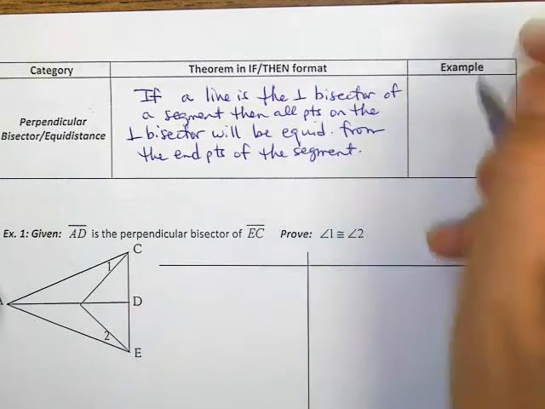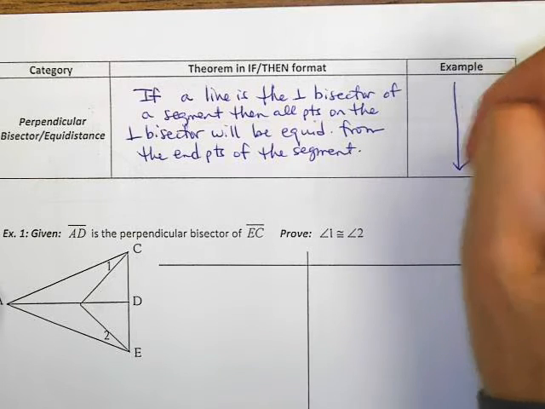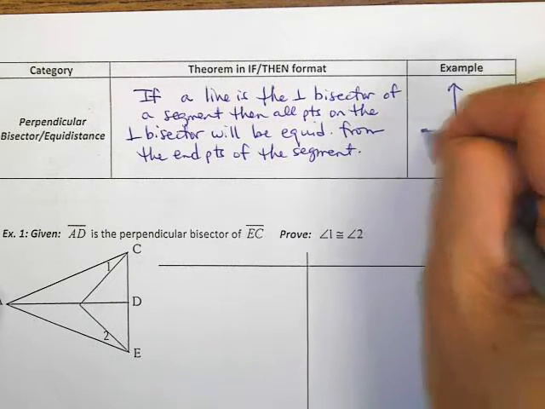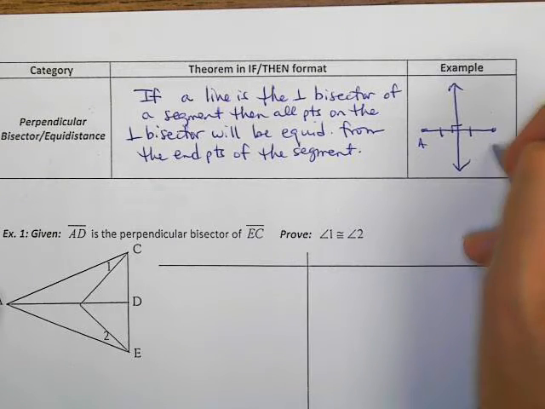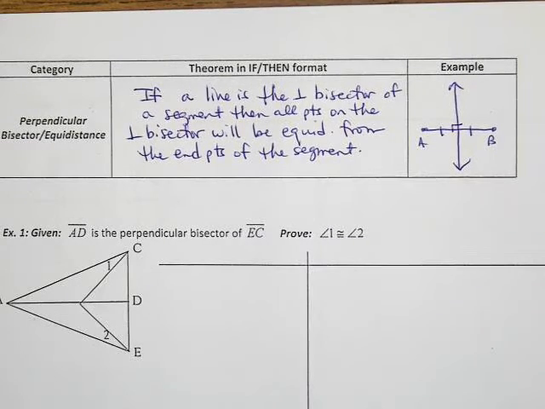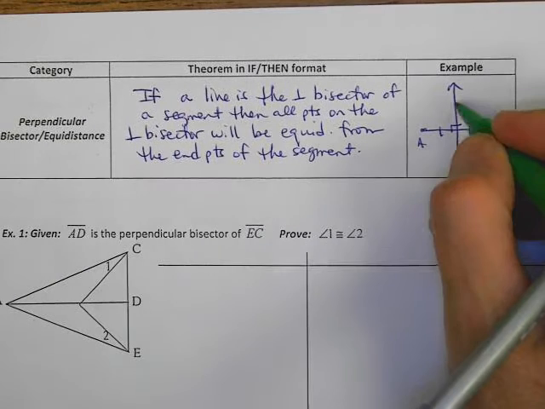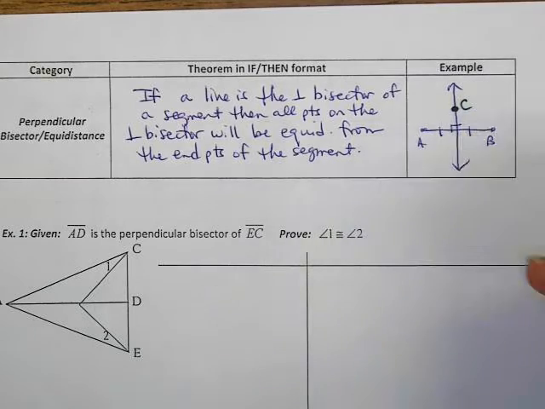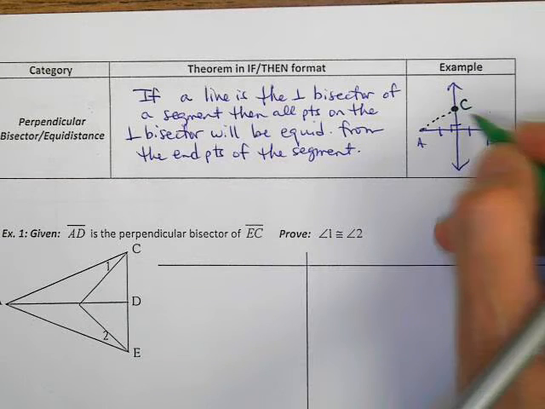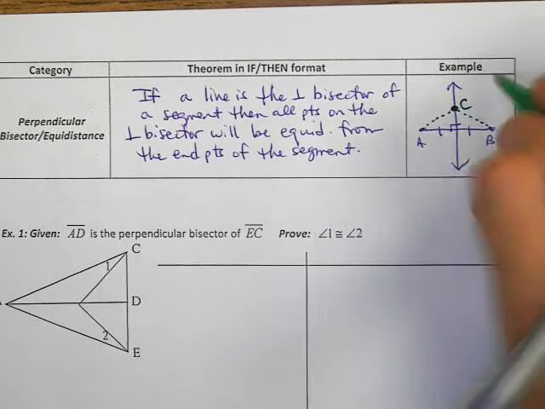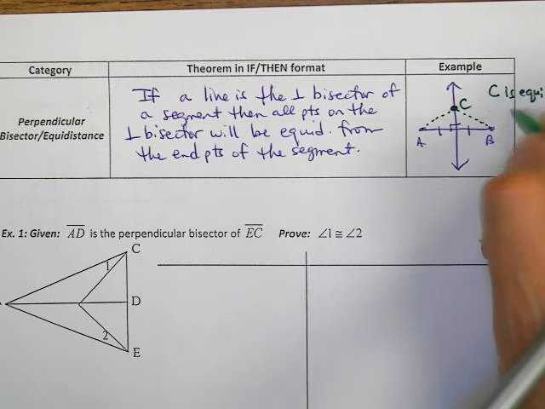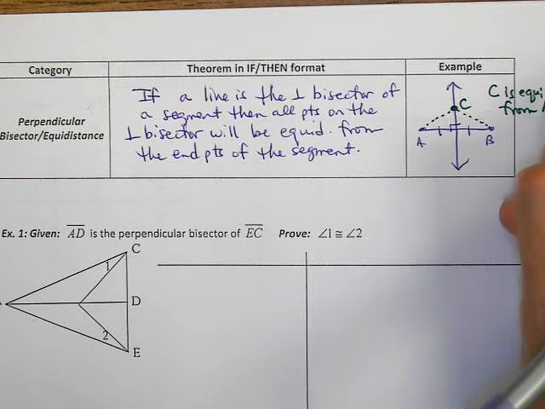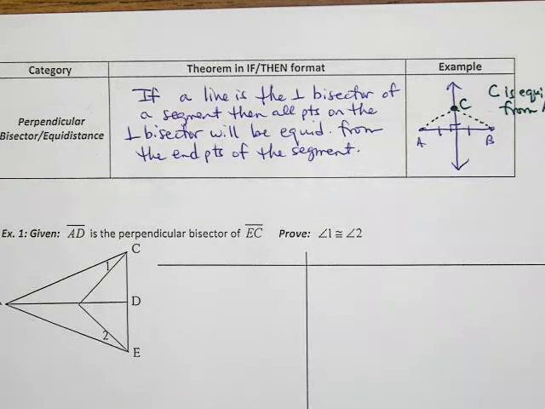So in other words, if this line right here is the perpendicular bisector of that segment AB, then I could pick any point I wanted on it. So for example, I might pick some point C. I would know that C to A has to be the same as C to B. C is equidistant from A and B. What does that mean to be equidistant?